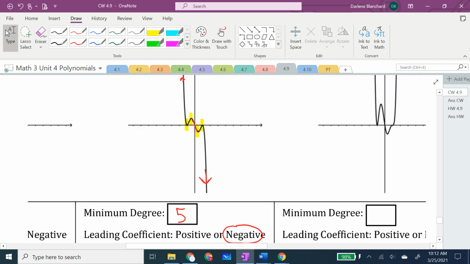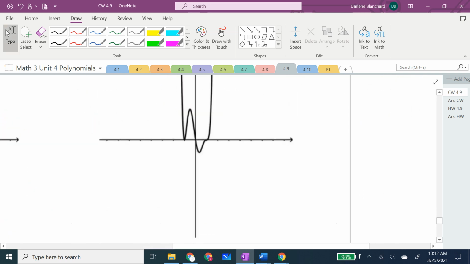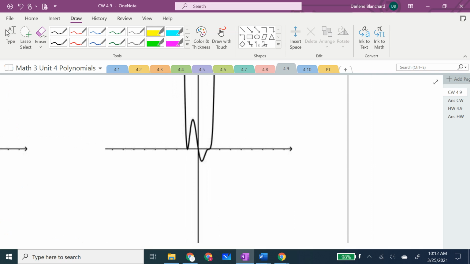And then this one, you should notice you've got a minimum, a maximum, a minimum, and then you want to notice that this is doing ninja slicing, but this is not. You should see that the graph kind of wiggles a bit.